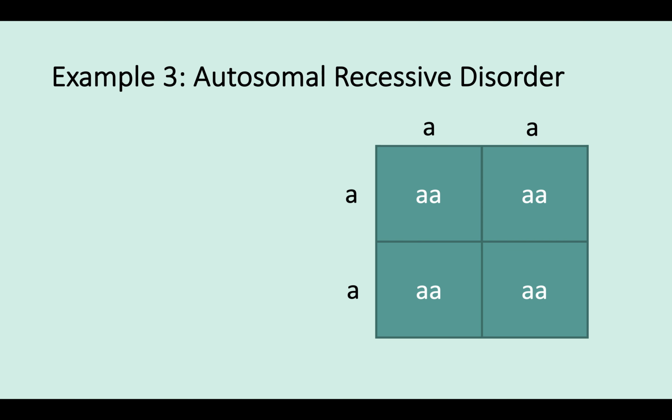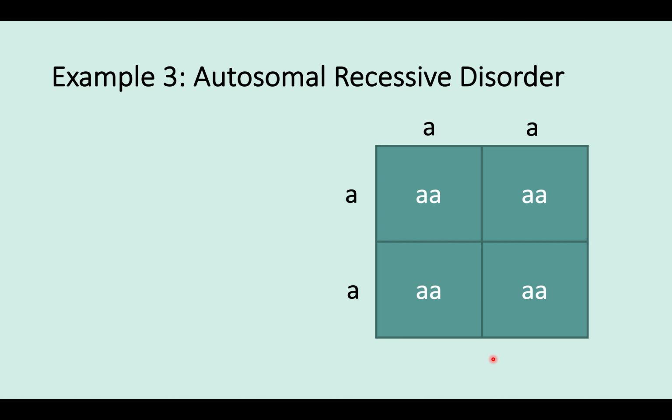Okay, so now let's look at autosomal recessive disorder. It's the exact opposite of what we just saw in autosomal dominant disorder. Basically, we have two parents that both have the homozygous recessive genotype. So we have lowercase a, lowercase a on this side, so our parents both have the recessive genotype.